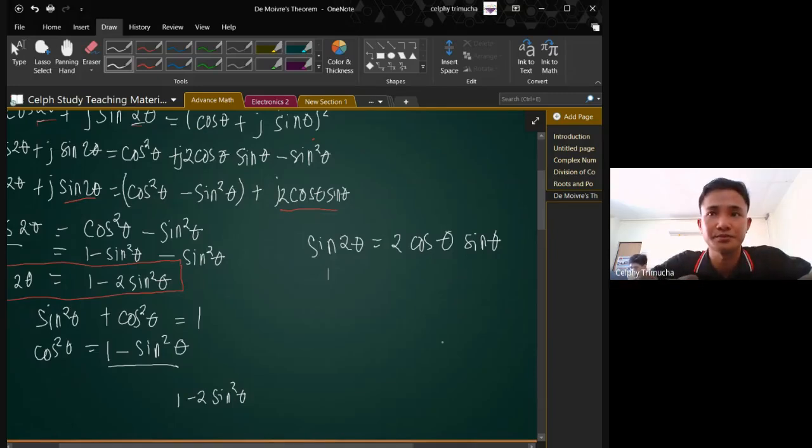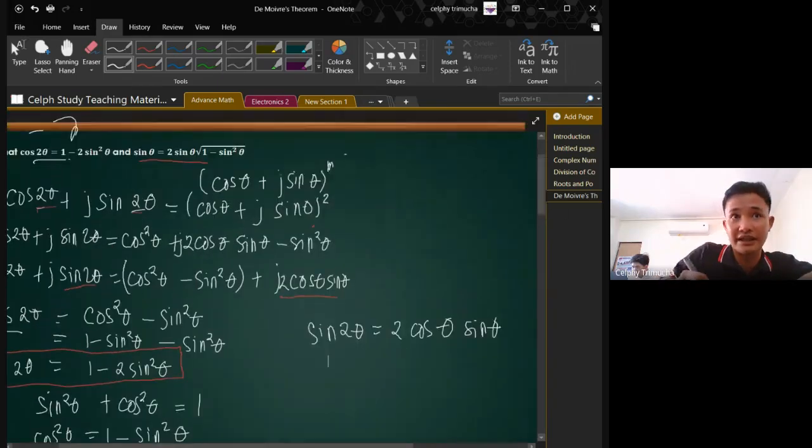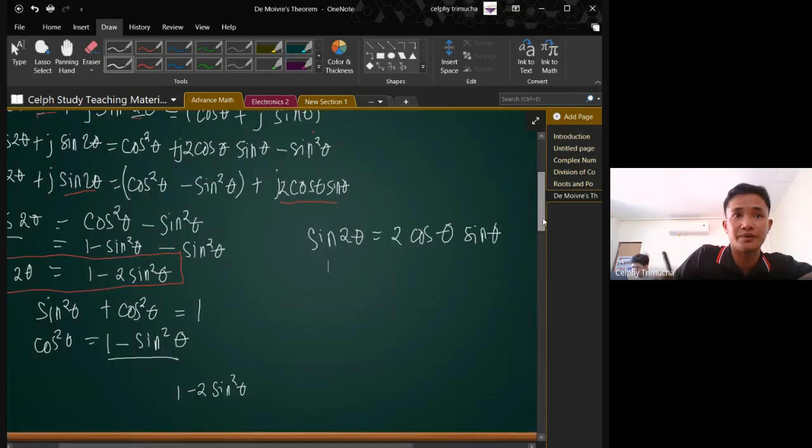But take note of the value of our cosine. Our answer above is all in sine, so we can substitute for cosine based on the same identity below. So cosine is equal to square root of 1 minus sine squared theta.